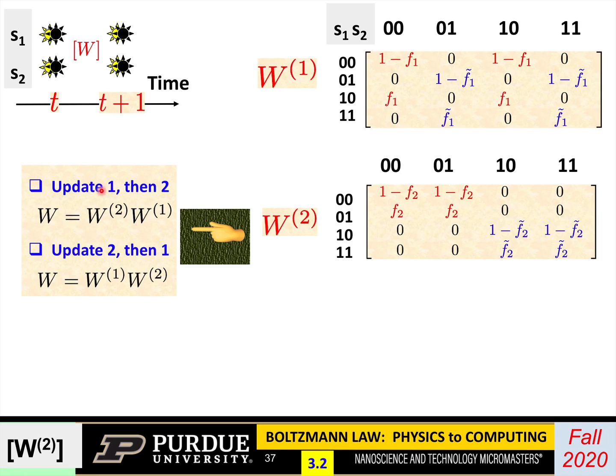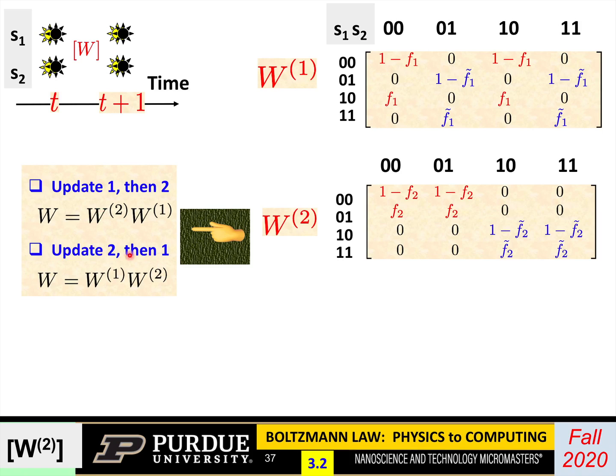If you do update 1 and then 2, then you should take your probability distribution function, first multiplied by W1, that's updating 1, and then multiplied by W2. Note the order looks opposite. That's because it's the one on the right that you apply first, and then the one on the left. And that gives you the composite W for a complete set of updates.